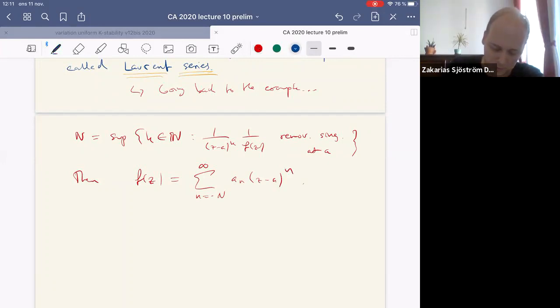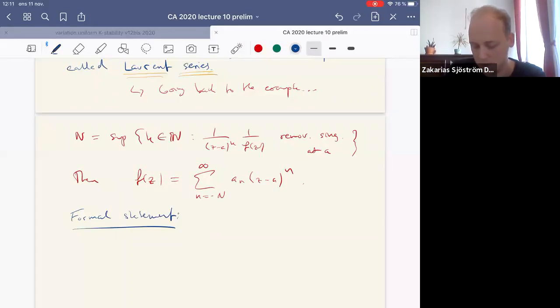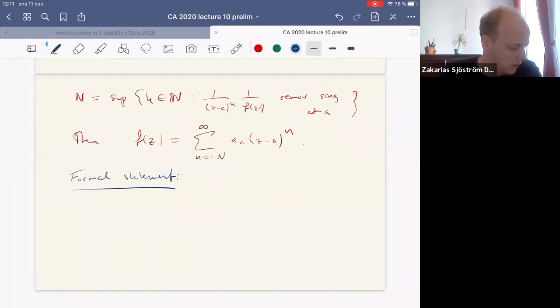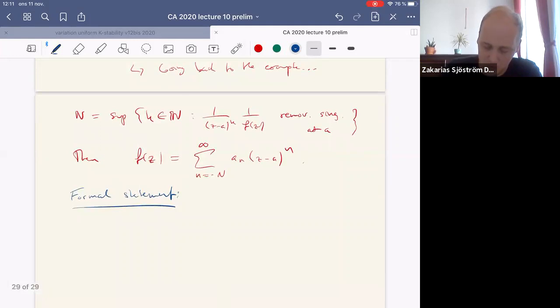What I wanted to say was the formal statement. This example was to understand how you can get such an expansion, and along these lines you can get the Laurent expansion theorem. It is a little bit long to write, so let me give the following.